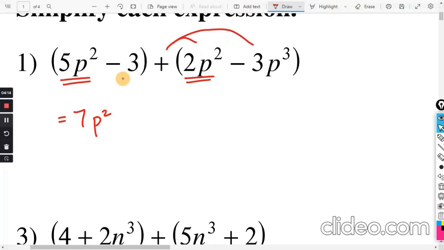Now for the negative 3, there is no other constant term, so we just leave that as is. And then finally, negative 3p to the third, there is no other term with p to the third, so we just leave that as is.